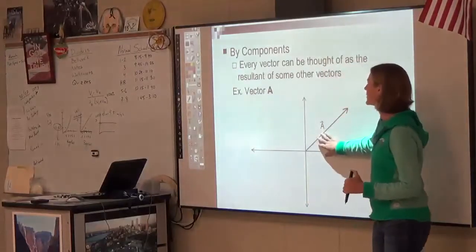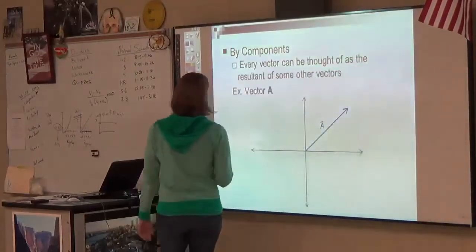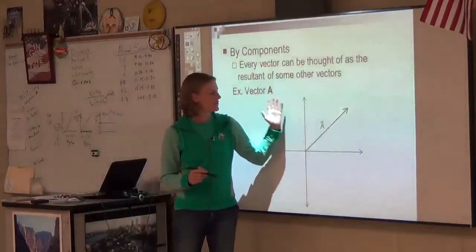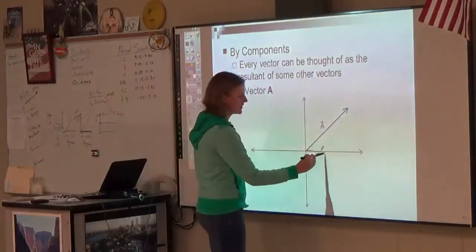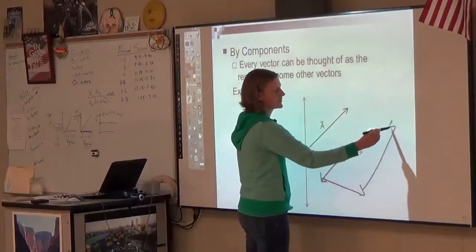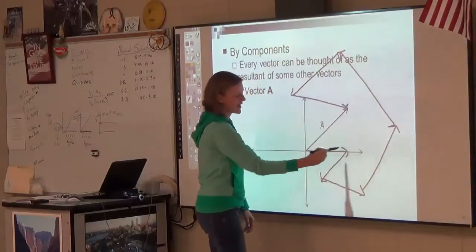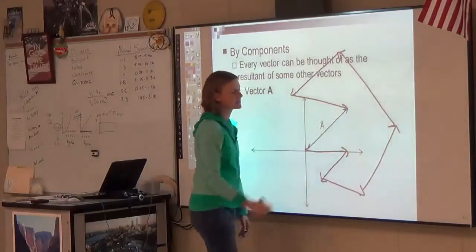And to do that, we need to learn how to add vectors by components. So you sort of looked at this in your homework last night. If you have any random vector, you can think of it as the sum of 1,000 other vectors. It could be any vectors like this, plus over here, plus this way. So long as we were adding them head to tail, the resultant would still be tail of the first to head of the last.